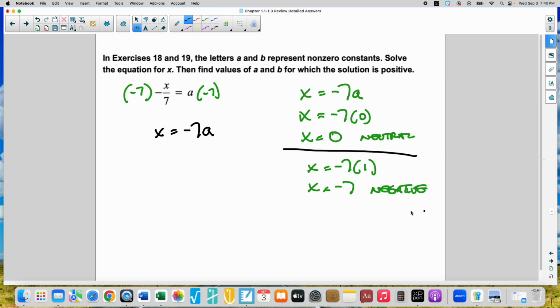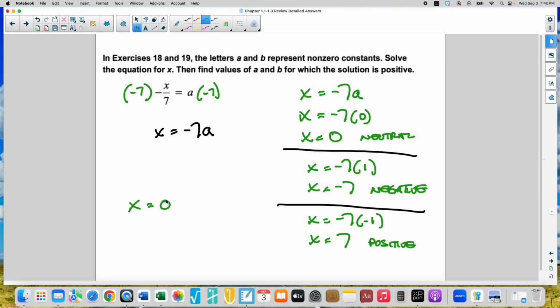So let's try going smaller. Let's go in the other direction. What if we plug in negative 1? Well, that gives us 7, which is positive. Okay, that's good. So if this is the border, when a is equal to 0, my output, x, is equal to 0, so it's neutral.